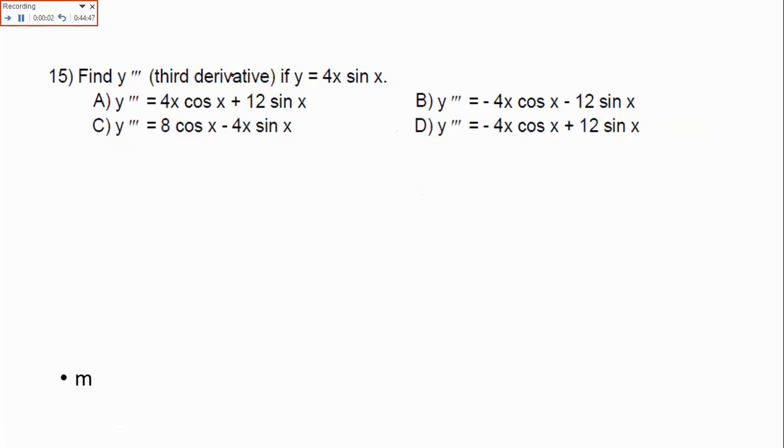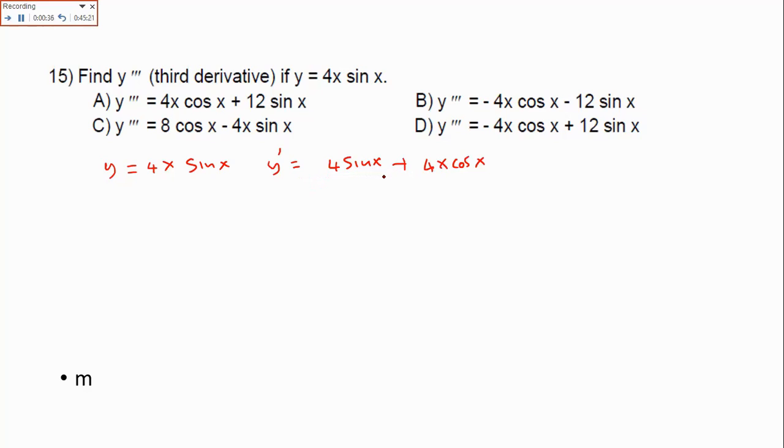Find y triple prime if y is equal to 4x sine x. So let's go ahead and write y first. Y equal to 4x sine x. So y prime is equal to what? We have 4 sine x, right? Plus 4x cosine x. Correct? Okay, everybody following this?